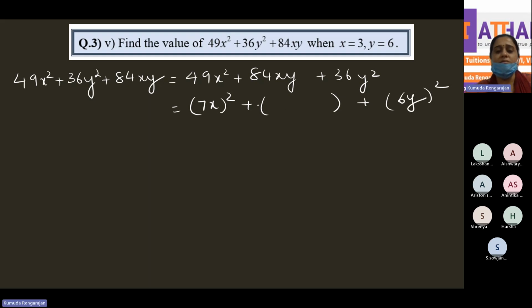So what will be the middle term? 2 into a into b. What is a? 7x into 6y. This is a square, this is b square.